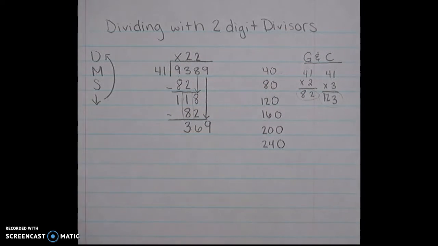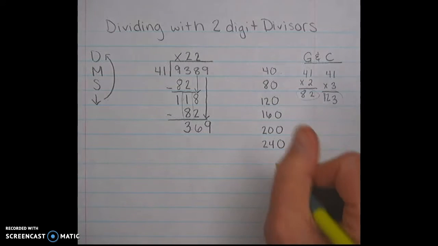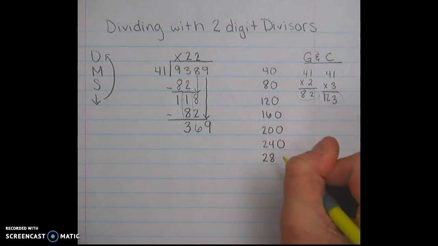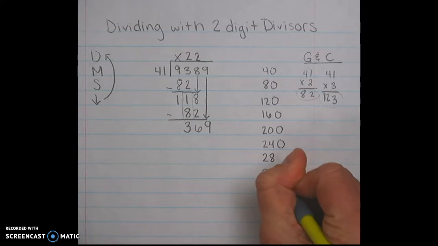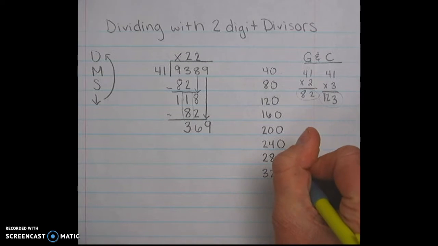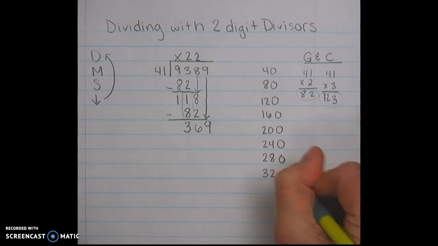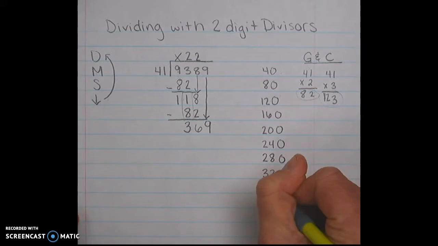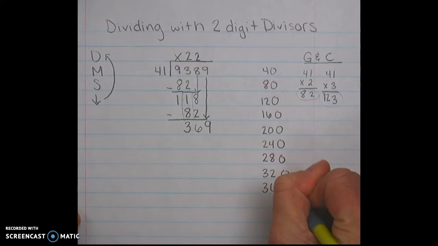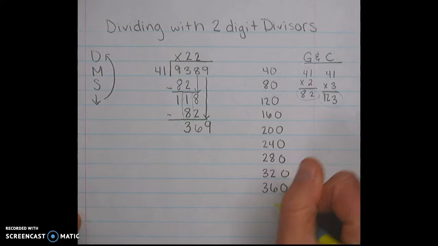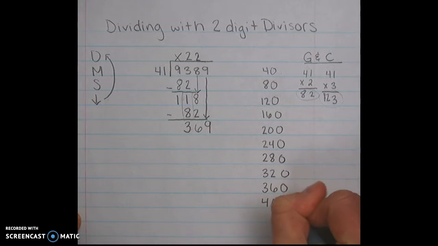Now, that's a pretty high number, so I'm going to come here and check where 369 fits in. And it looks like I did not do that. So I'm going to go ahead and add 28, 32, 36, add that 0, and then I would actually have 400.